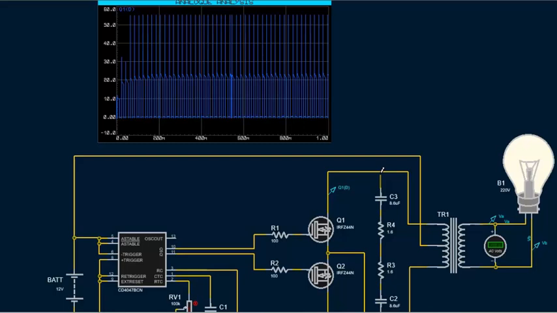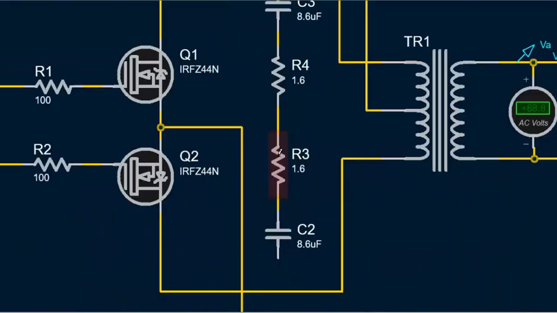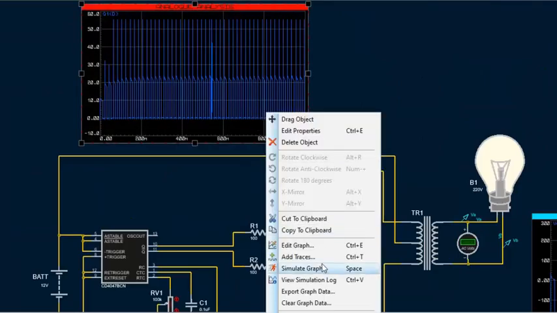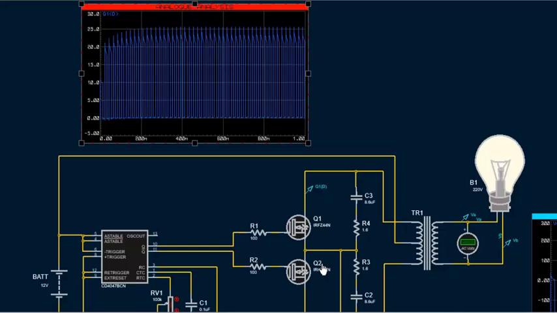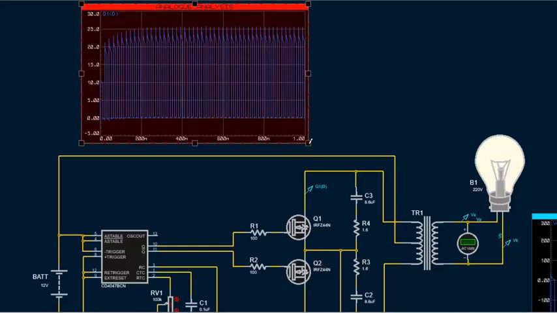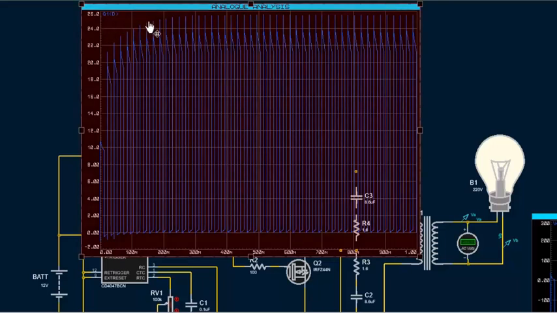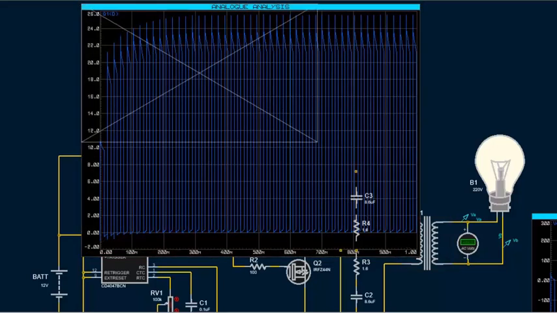Now I will reconnect the snubber circuit and resimulate the graph again. And as you can see, the spikes are gone. Now the MOSFET's power stage is safe from high EMF voltage from the transformer.